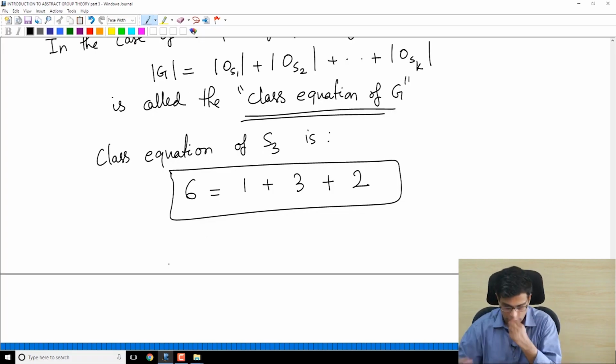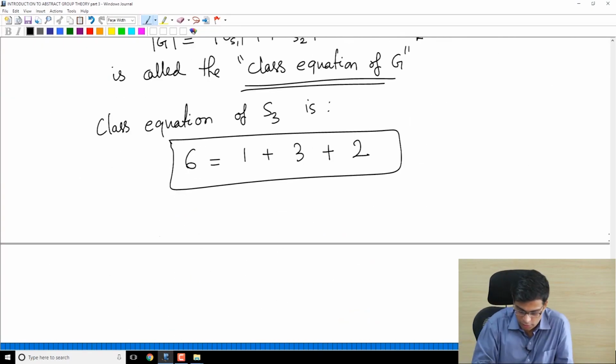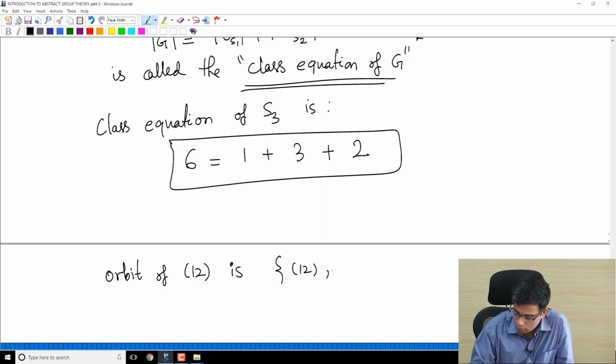Now using this you can also compute the stabilizers of these elements. Because remember, orbit of (1 2) is (1 2), (2 3) and (1 3).